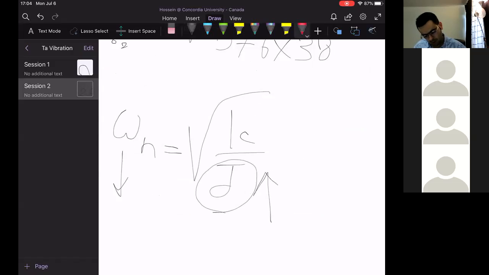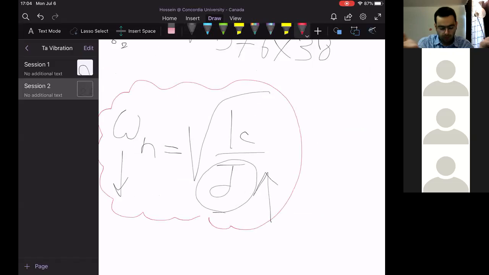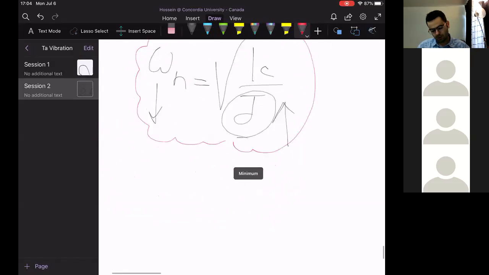So if you want to decrease the natural frequency, you could either decrease directly the stiffness or increase the J. So this is how we obtain the natural frequency for two cases.